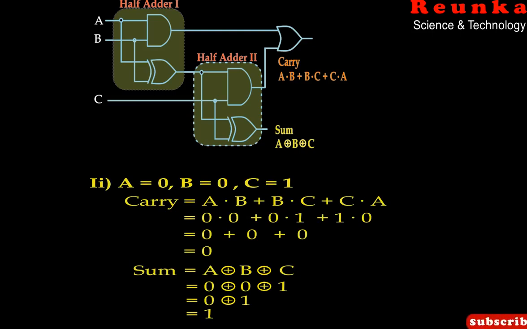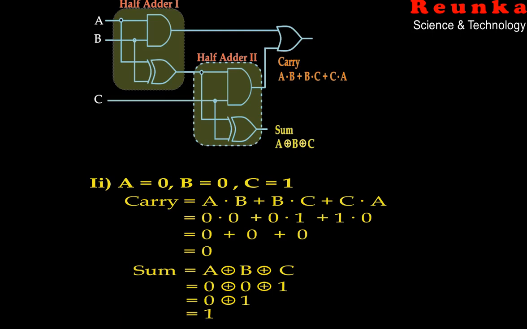Now let us take the second example. If A equal to 0, B equal to 0 and C equal to 1. Carry will be A dot B, that is 0 dot 0, B dot C, 0 dot 1, C dot A, 1 dot 0. 0 dot 0 is 0, 0 dot 1 is 0 and 1 dot 0 is 0. So addition of all 0 will be 0, so carry is 0 here.